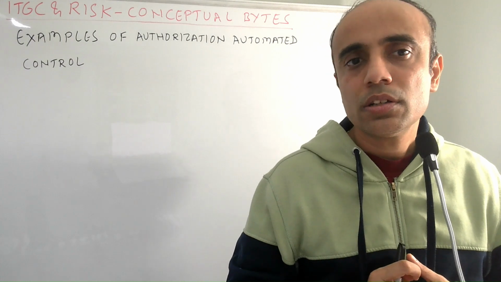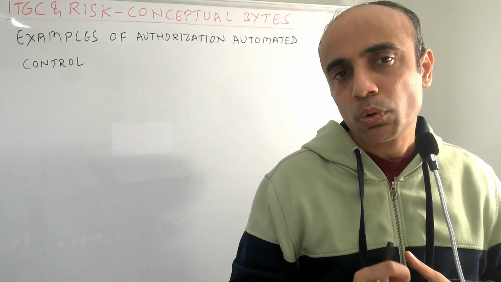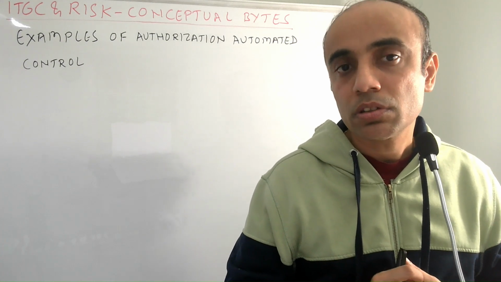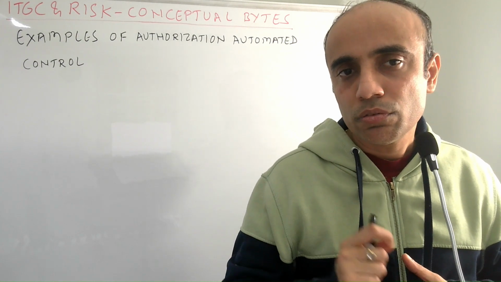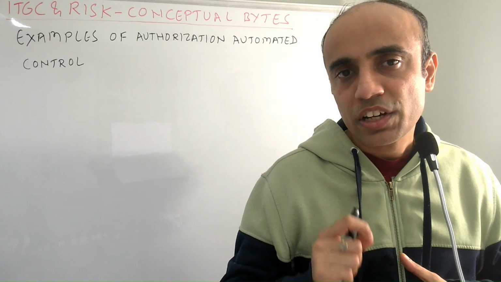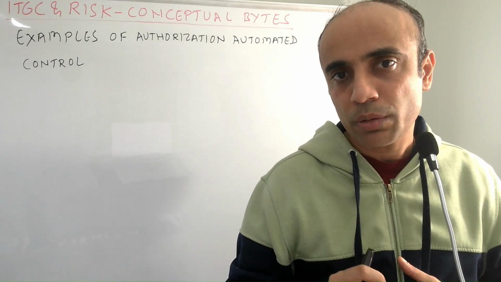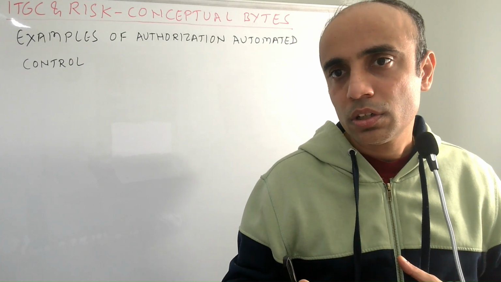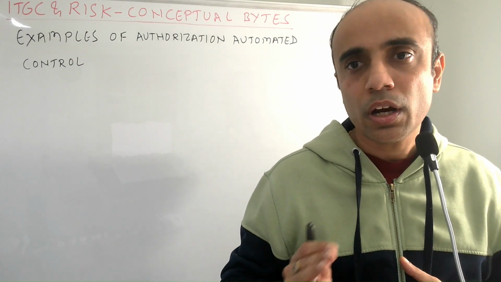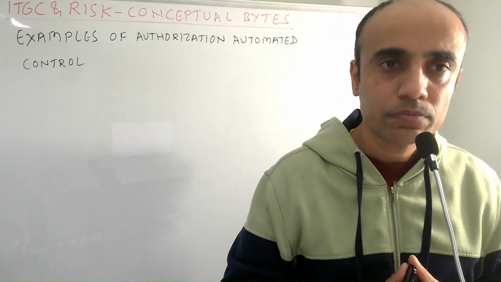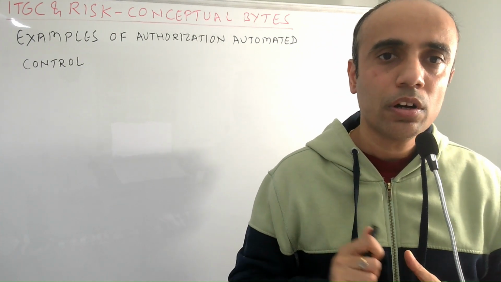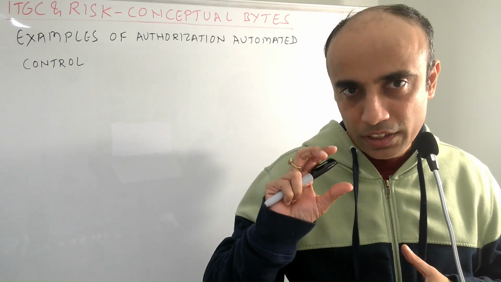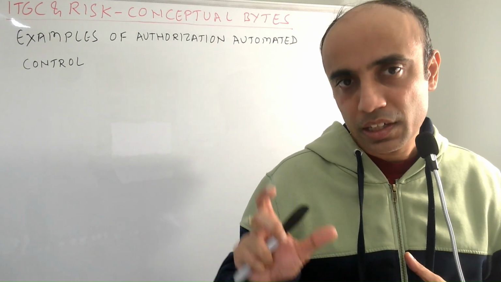A very simple and known example when it comes to an inventory application where segregation of duties is enforced between employees who perform the inventory counts and the ones who can update the inventory records. That's an example of an authorization automated control. That enforcement of SOD basically is that control.